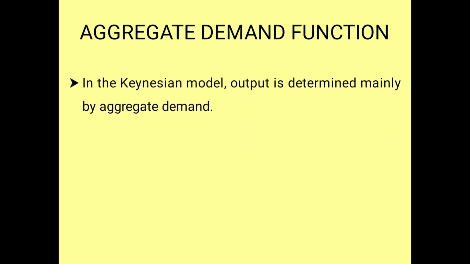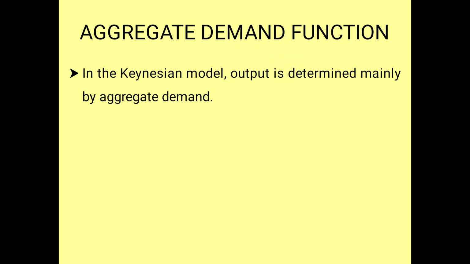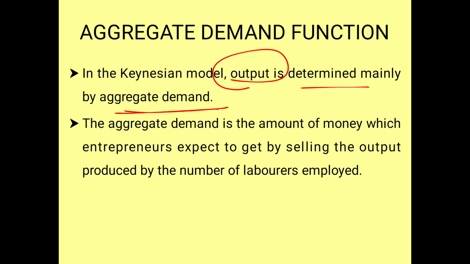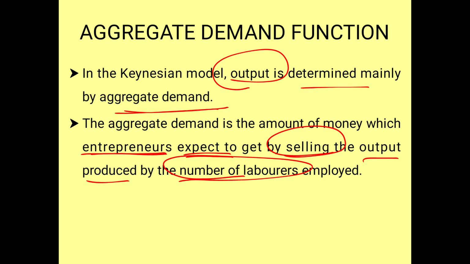Now we'll see the first point. In Keynes' model, output is determined by demand. If there is lots of demand, output increases. So the aggregate demand is the amount of money which a businessman is expecting by selling the output produced by the number of laborers.